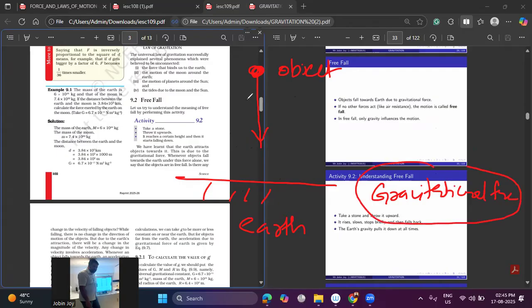That means only gravity influences the motion. There is no other force acting on this object. This type of motion is called a free fall, where the only force is gravitational force. No other force is acting.